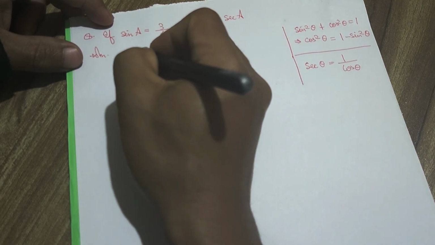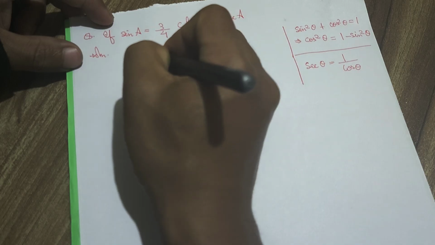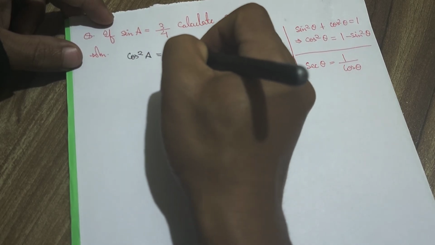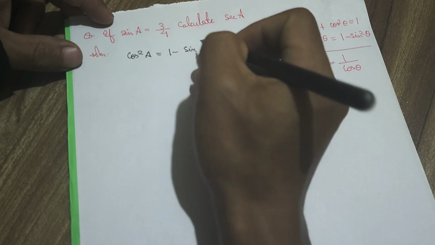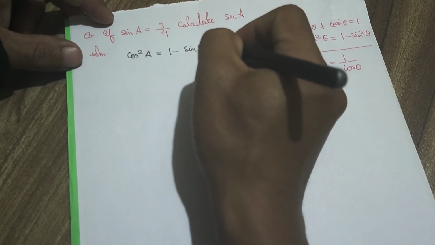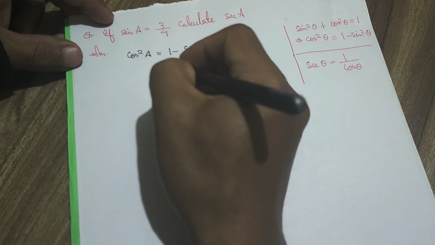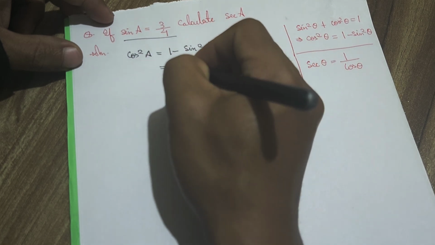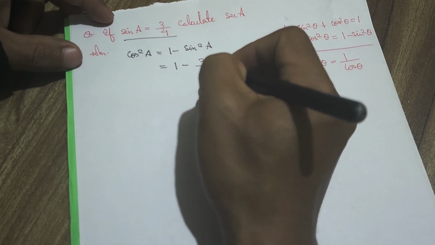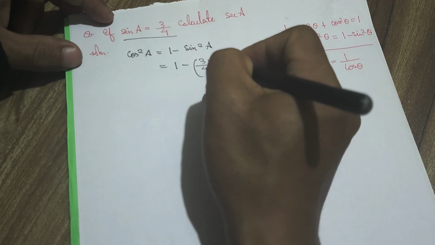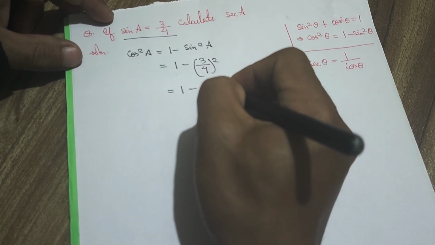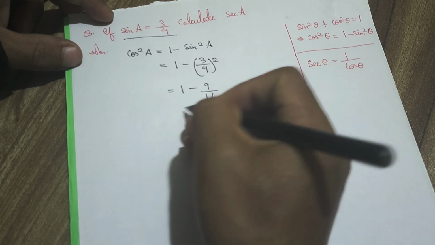As we know, by using the identity, cos square A is equal to 1 minus sin square A. Then putting the value of sin A, we get 1 minus (3/4) square. So 3 square is 9, 4 square is 16.